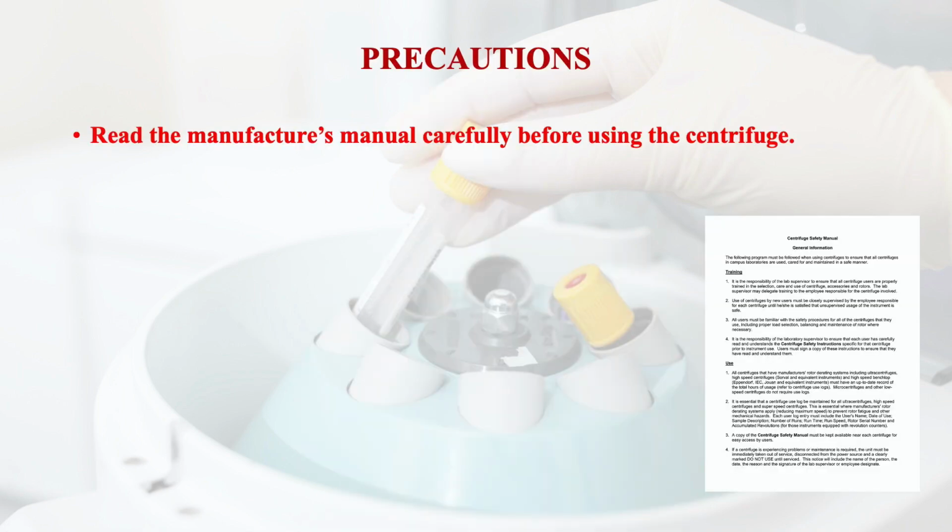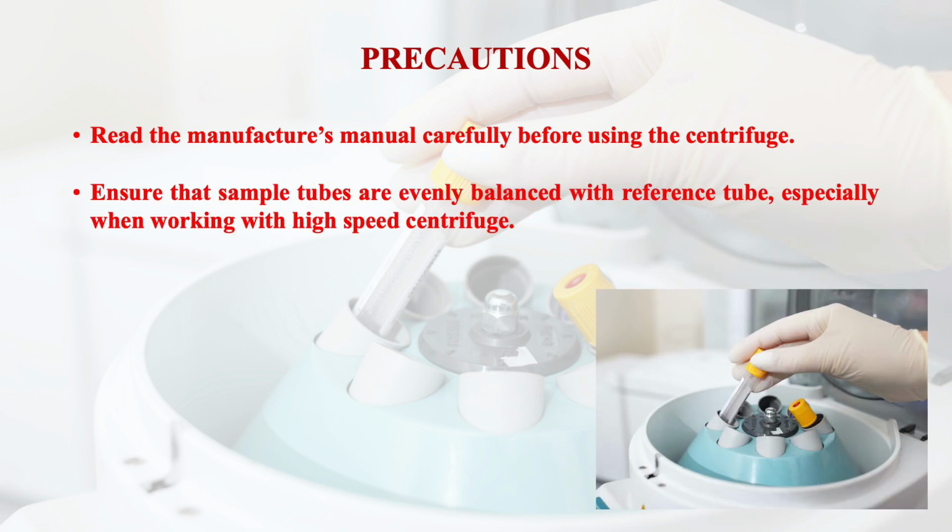Now we will understand the precautions in the centrifugation process. As we know, the centrifuge is an instrument, so we need some precautions while performing centrifugation. First, read the manufacturer's manual carefully before using the centrifuge. Ensure that sample tubes are evenly balanced with a reference tube, especially when working with a high speed centrifuge.